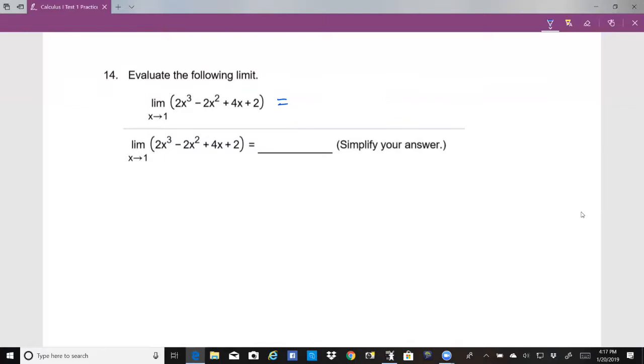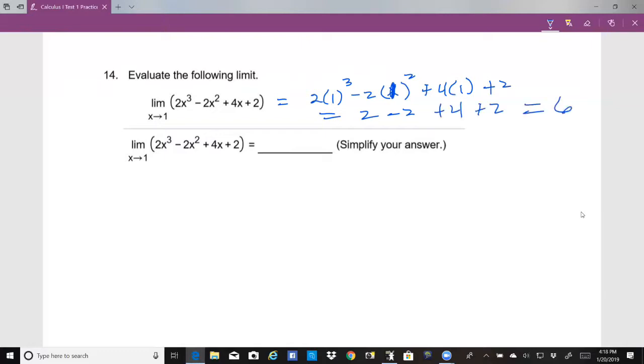In this case, we're just going to plug in 1: 1 cubed minus 2 times 1 squared plus 4 times 1 plus 2 equals 1 minus 2 plus 4 plus 2 equals 6. So the limit is 6.